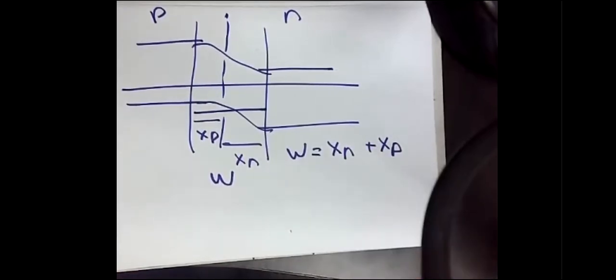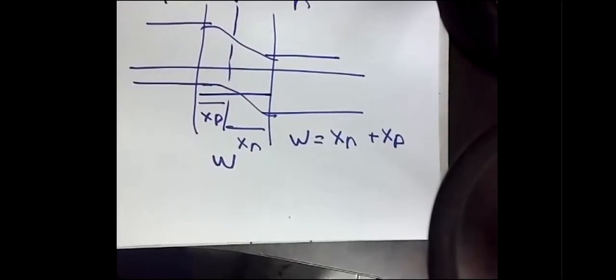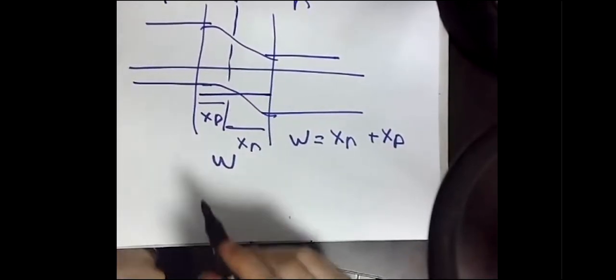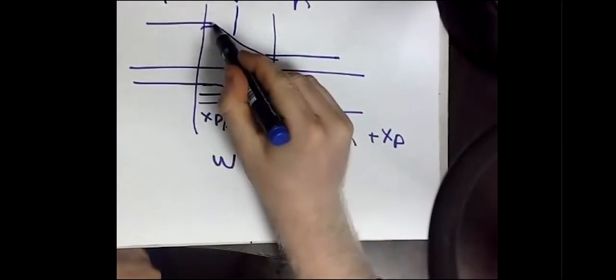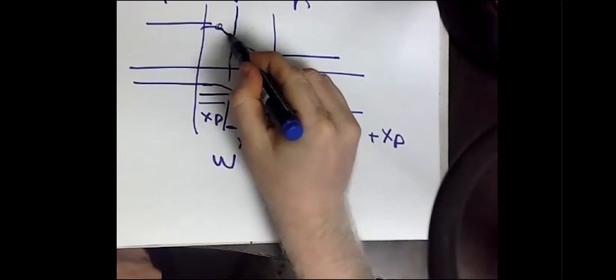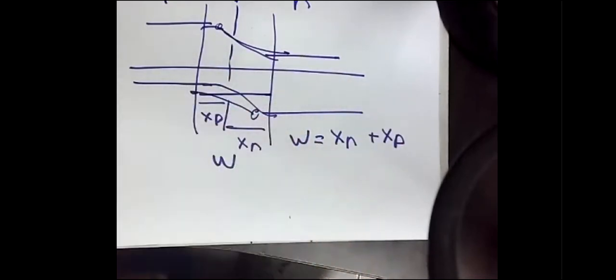So great. Then herein we have some electrons which move in this direction, and we have some holes which move in this direction. How are we going to calculate this total number of electrons and this total number of holes?